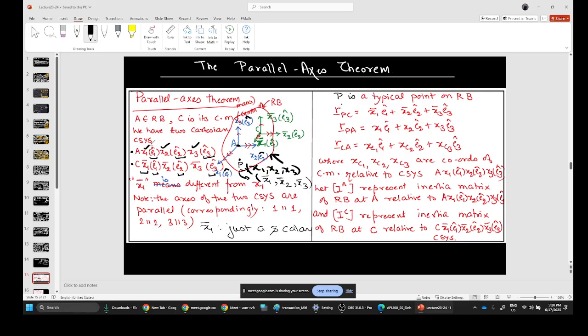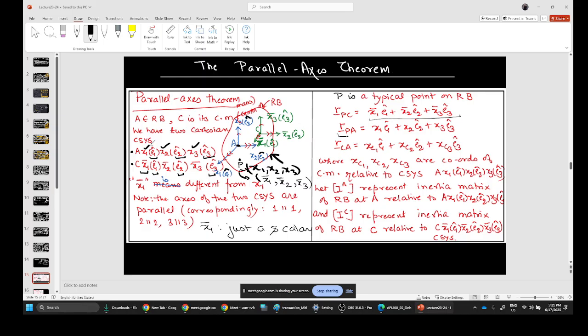Now, if we take P as a typical point on the RB, look at this diagram and ensure that you are convinced that I can write the vector RPC, C is here, P is here, RPC as this, x1 bar E1, x2 bar E2, x3 bar E3.